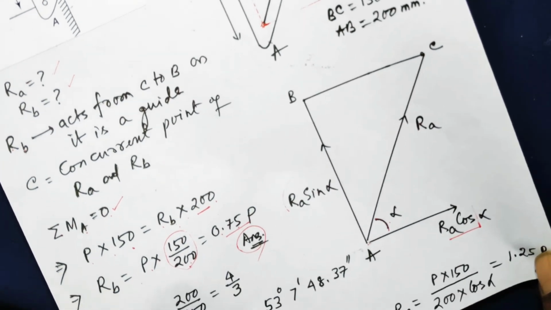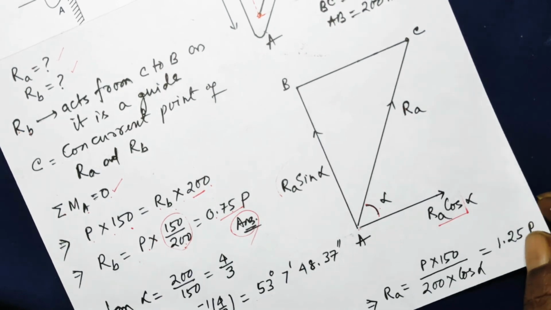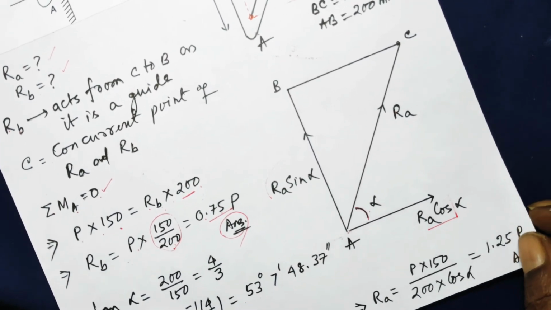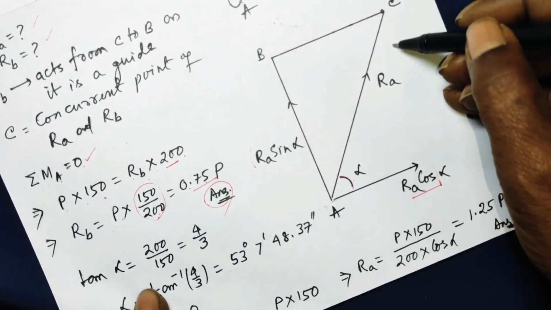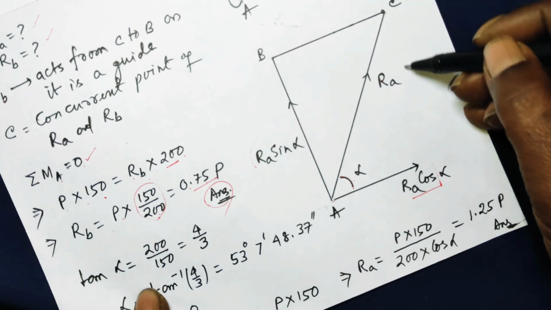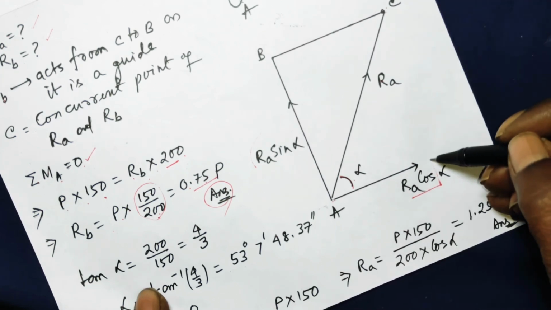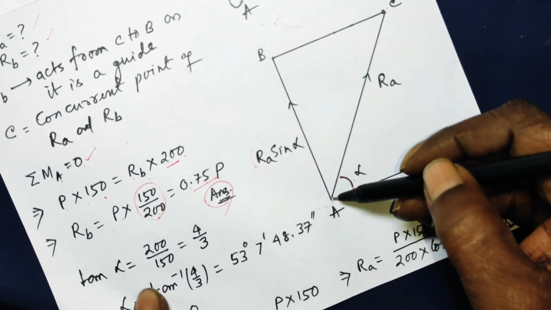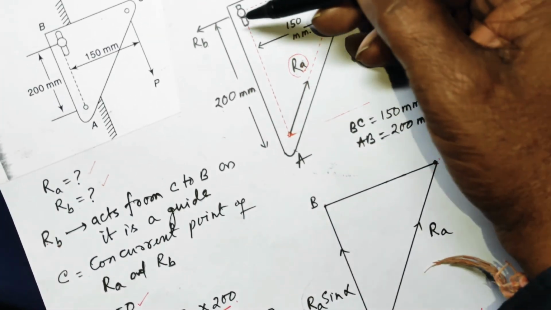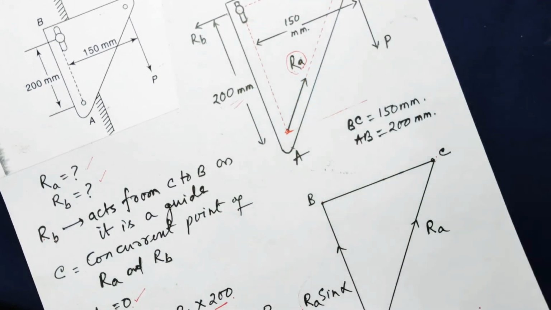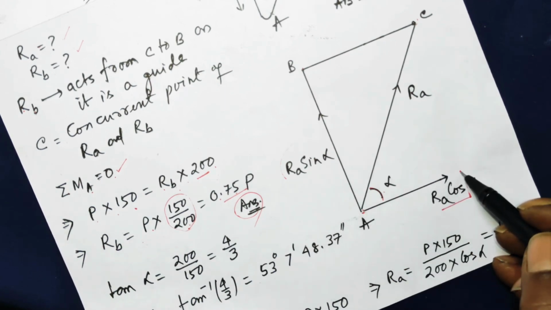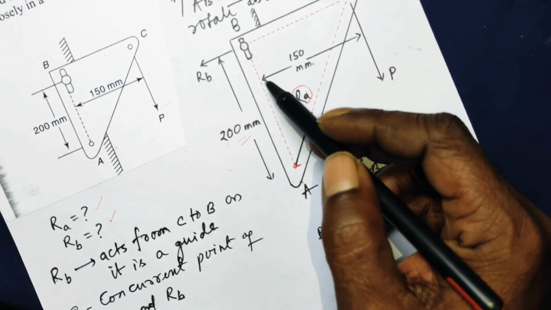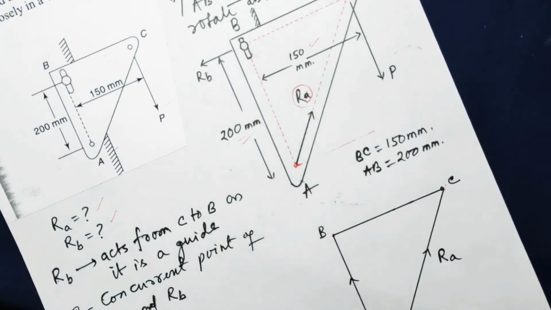Once that is known, let us find tan alpha. If you draw this line, this length from C to this point is the same as from B to A, that is 200 mm, and the base from here to here is 150 mm.